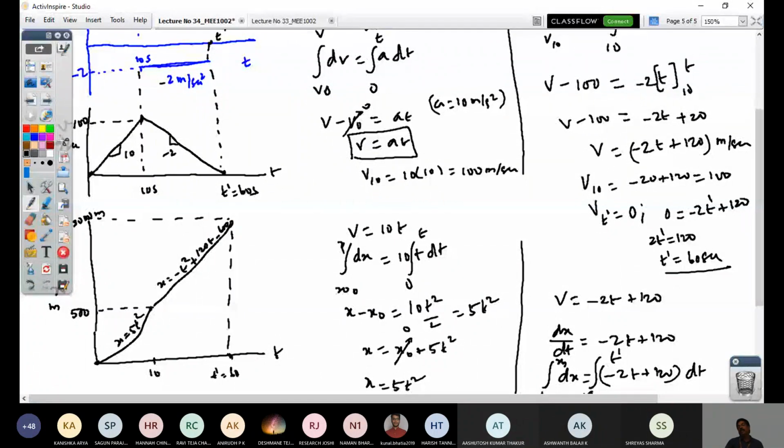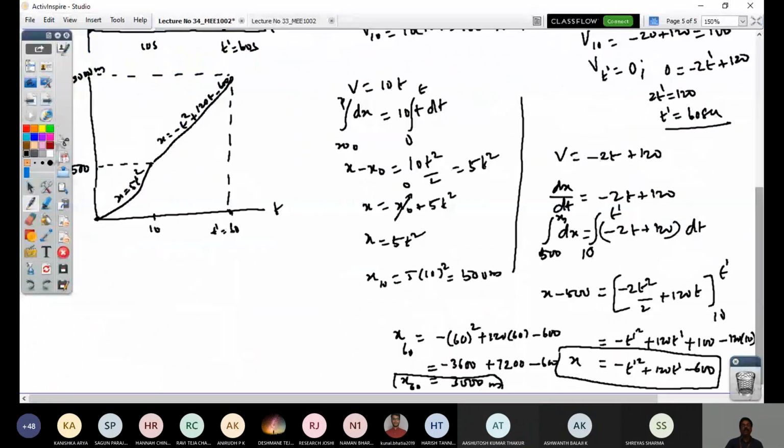So the actual path, if I draw this, is my origin O at t equals 0. This is my x naught, and then it has gone to 500 meters, and then it has gone to 3000 meters. So it only goes in one direction. But what you have to see is, till this point it is accelerated.